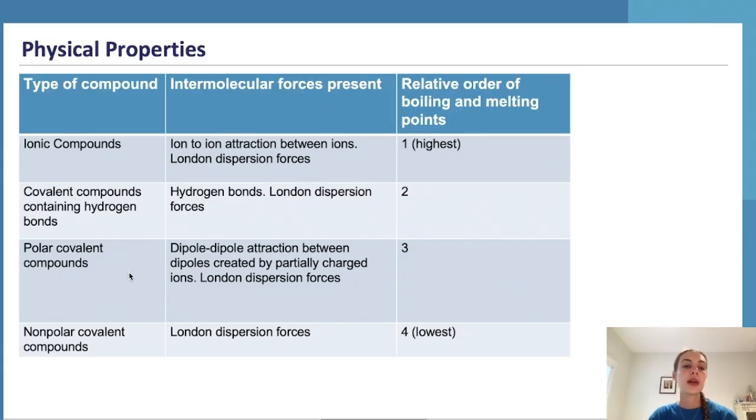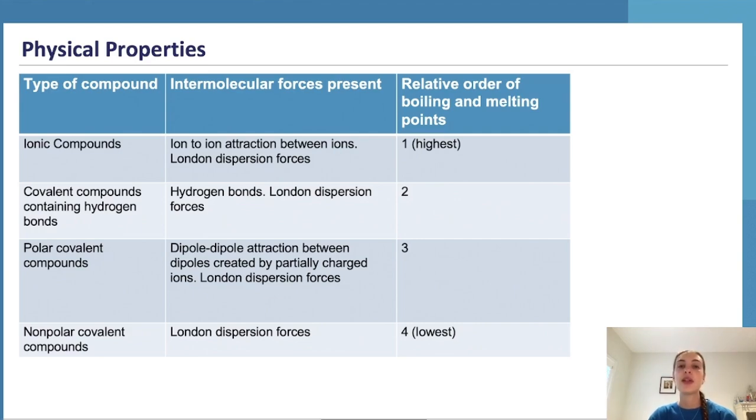The next one we can look at is the polar covalent compounds. Polar covalent compounds are going to have a dipole-dipole interaction between the dipoles which are created by partially charged ions. So this will be a slight difference in electronegativity, resulting in partial positivity and partial negativity in the molecule.